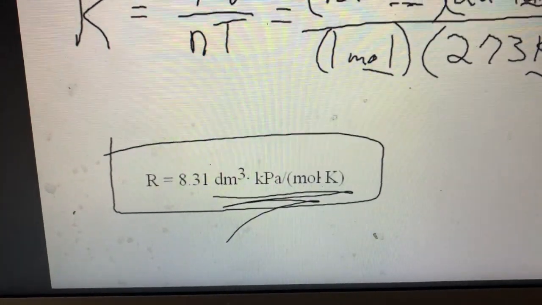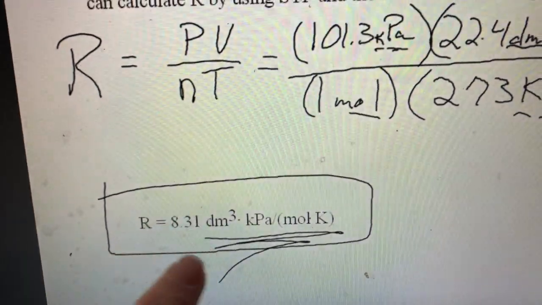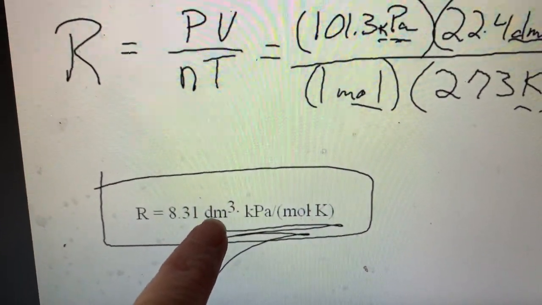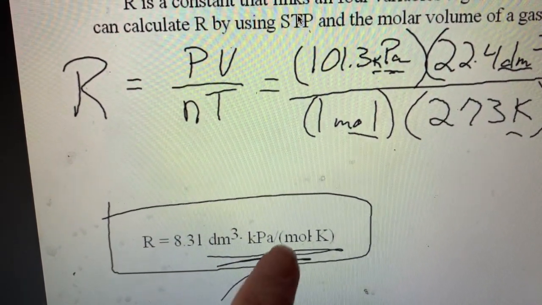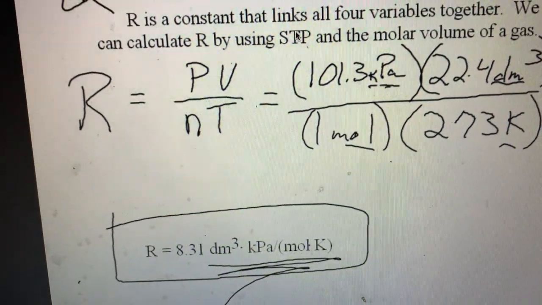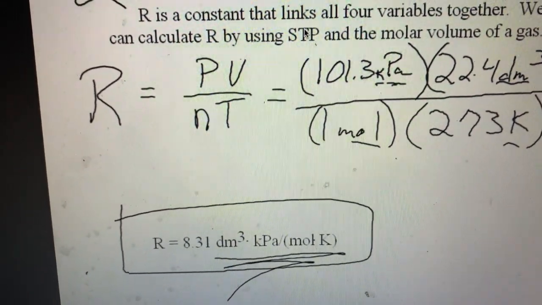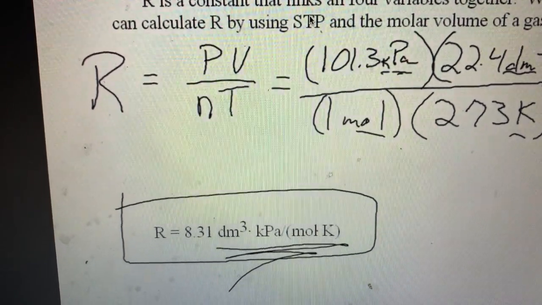A couple things about this gas constant that you have to be careful of. Anytime you use it, your volume must be in decimeters cubed, which is a liter. If you're using 8.31, your pressure must be in kilopascals. If you have a pressure in millimeters of mercury, it's another gas constant. If it is atmospheres, it's another value.